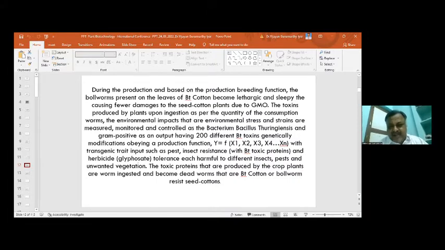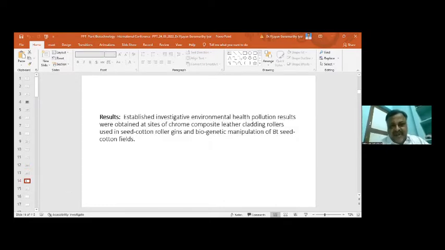The toxic proteins are produced by the crop plants, and the worm ingests them and becomes a dead worm. Those are Bt cotton or bollworm resistant seed cottons that have the potential of 90% Bt toxic load on the environment. So this is the kind of attention for the present investigation towards the sustainable development process, which is a kind of development that meets the needs of the present generation without compromising the ability and efficiency of the future generation to meet their own needs.